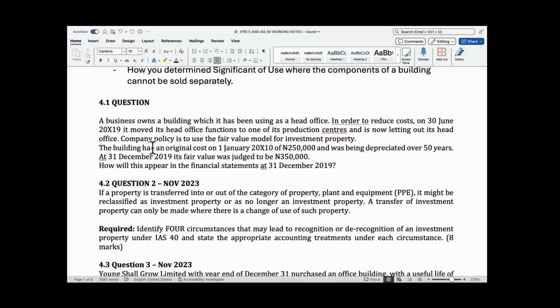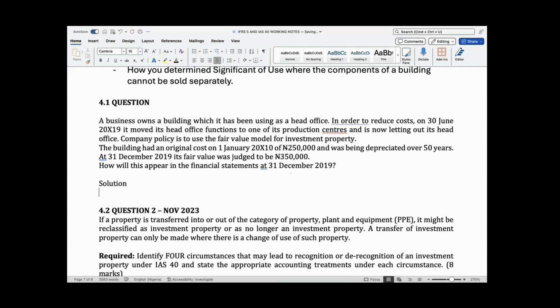The building had an original cost on 4 January 2010 of 250,000 and was being depreciated over 50 years. And at 31st December 2019, its fair value was judged to be 350,000.